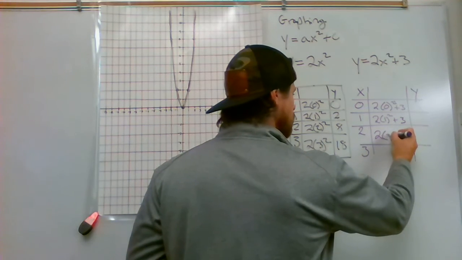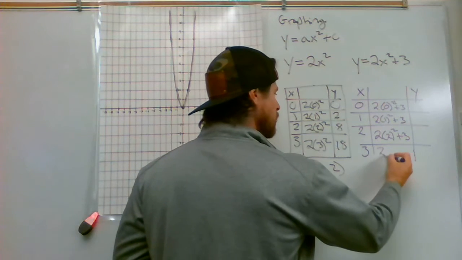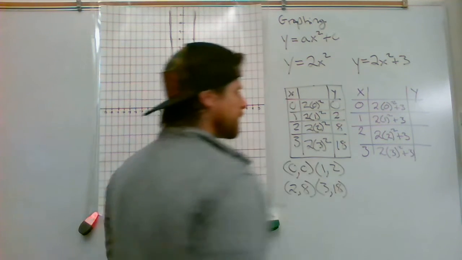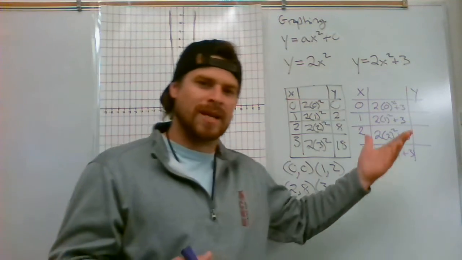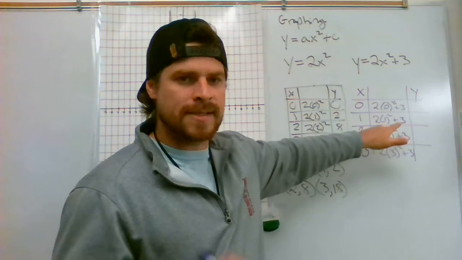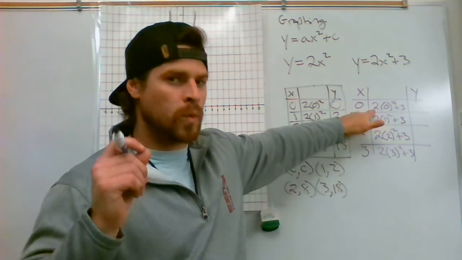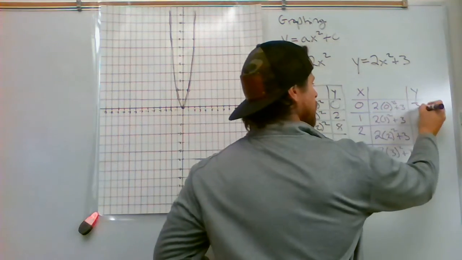2 times 2 squared plus 3. And 2 times 3 squared plus 3. Let's work each one of these out. I'm going to just do it mentally right now because we're not doing anything too crazy. 0 squared is 0 times 2, we're still at 0, plus 3. We're going to end up with a 3.